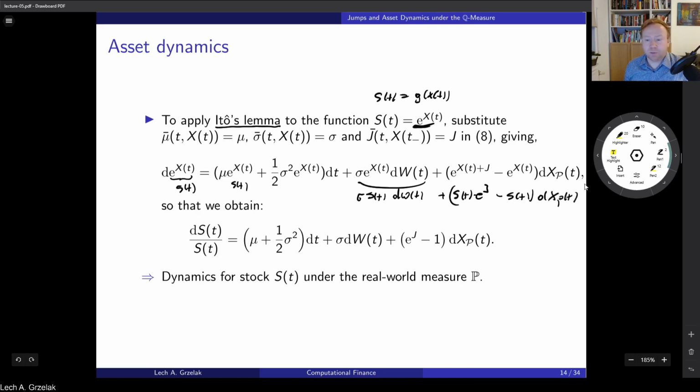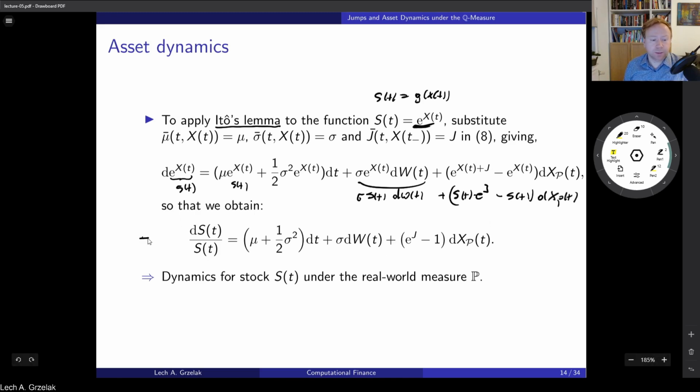If we divide the terms by S(t), it will cancel out in many places, since every term here involves S(t). We end up with the following: mu plus half sigma squared dt plus sigma dW(t) plus e to the power J minus 1 dXP(t).